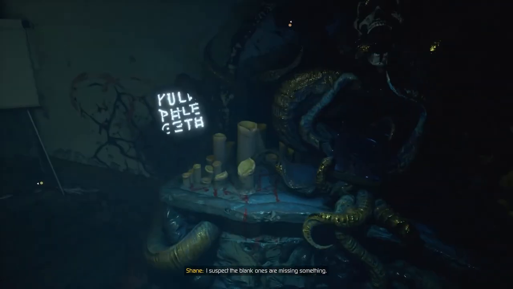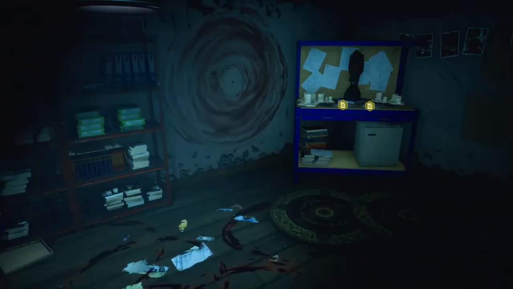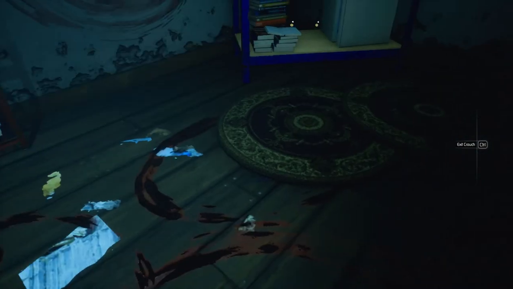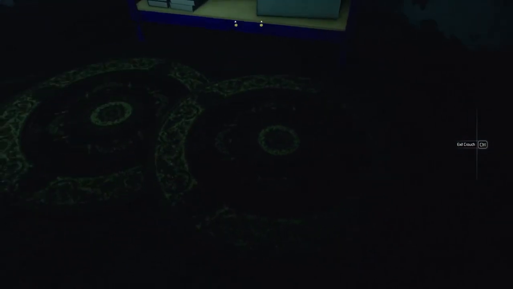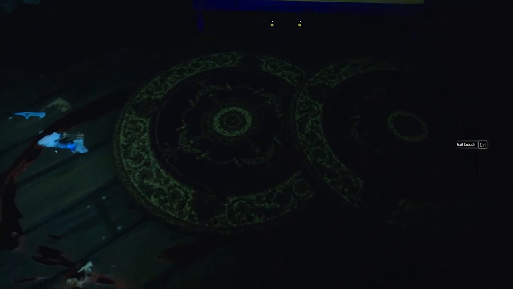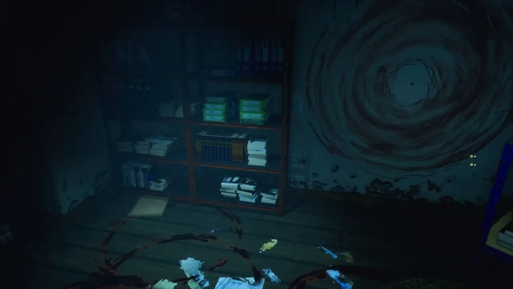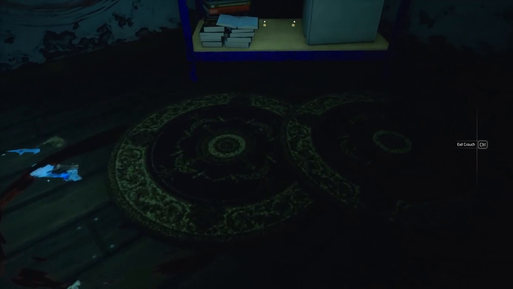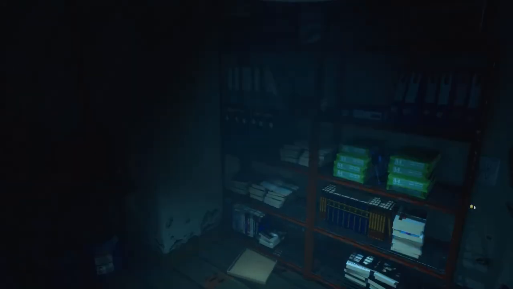I suspect the blank ones are missing something. So, again, okay, this is cool. I dig that. The twin circles again, but this time made out of like rugs or something. This is much more interesting to me than it just being drawn over and over again.